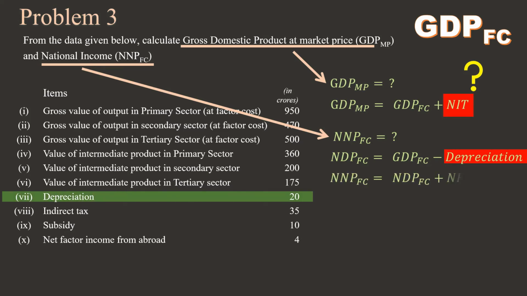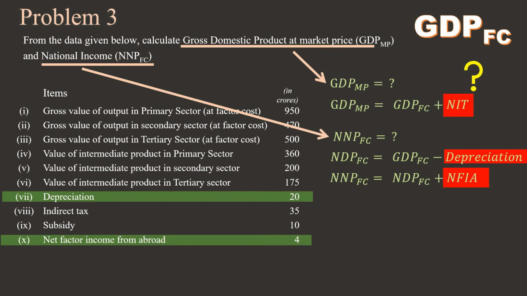Then NNP at factor cost equals NDP at factor cost plus net factor income from abroad. Look for the item net factor income from abroad. It is also given. After having a clear idea about the steps involved in this problem, go ahead with calculations.